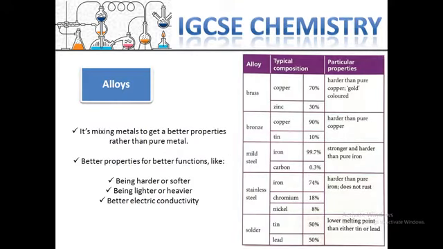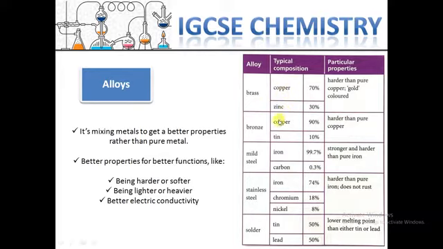Alloys are a mixing of metals to get better properties than a pure metal. These are important to learn: brass, bronze, mild steel, and the others. You should know which types of metal each alloy consists of.